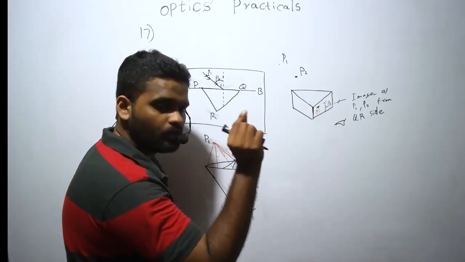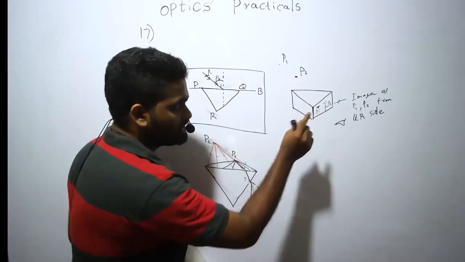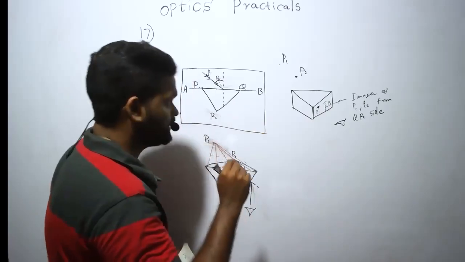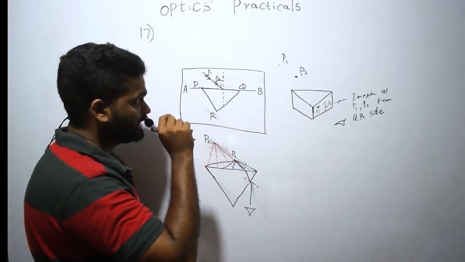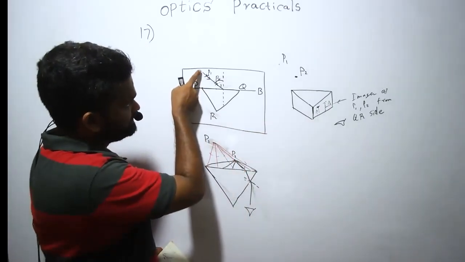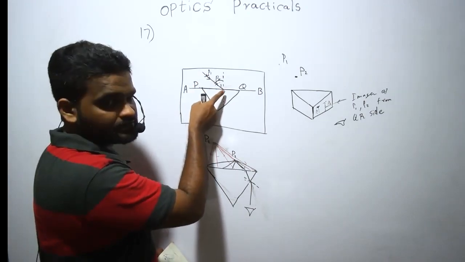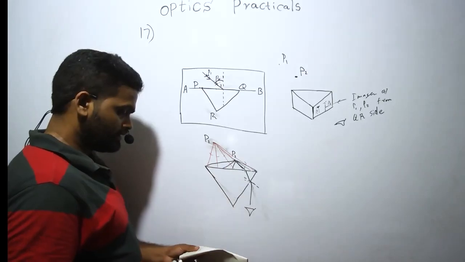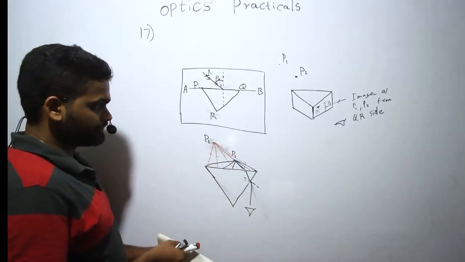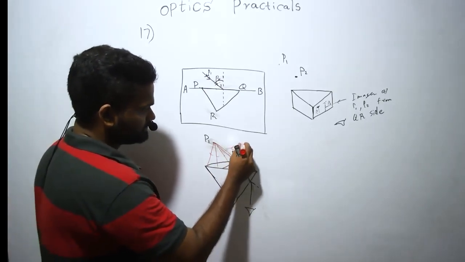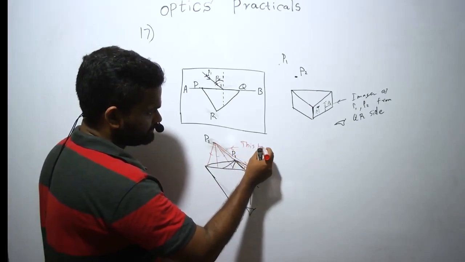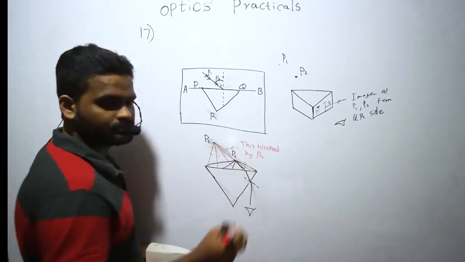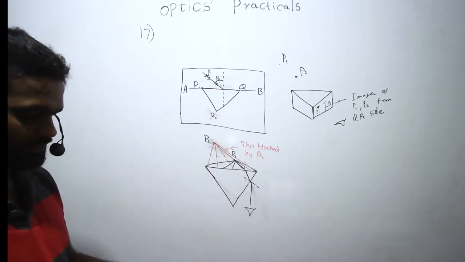So at a certain point, you will only see one image, not two images. In that case, we can say these two are in one line, right? So this one is blocked by P2.